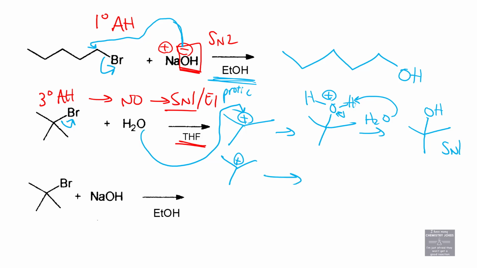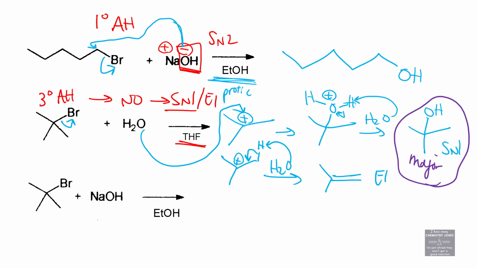No. But this carbocation can undergo E1 elimination. Pluck a hydrogen from the beta carbon, dump in electrons toward the carbocation, alkene, E1. The major product is substitution. Yeah? Alrighty.